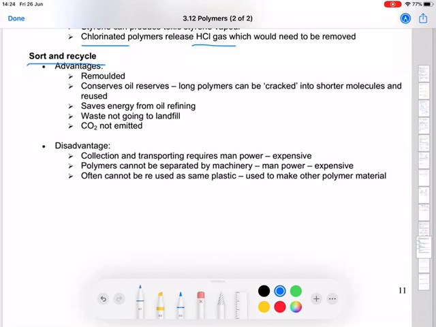So all polymers have a code on them, but they literally have to be sorted by hand. So you have people stood along a conveyor belt that literally pull these off and then put them in certain bins, which they can then be reused. It's very, very costly, and it's actually cheaper to make brand new plastics from crude oil than it is to sort and recycle old plastics.